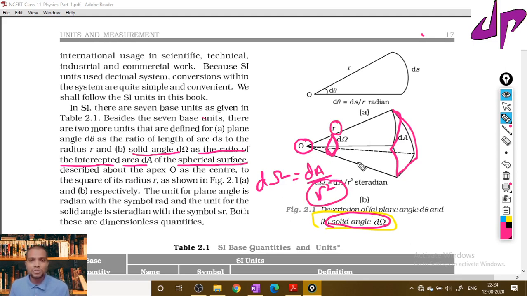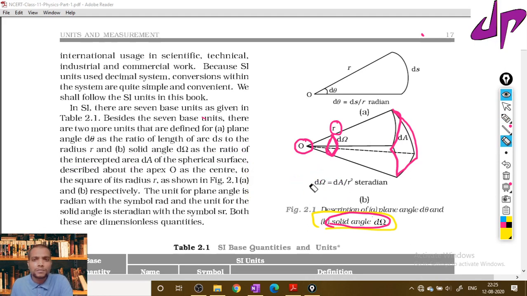So this ratio, intercepted area upon radius square, gives an angle d omega. This angle is known as the solid angle. These two angles we use to measure when the situation comes. This also we will learn as part of basic units.